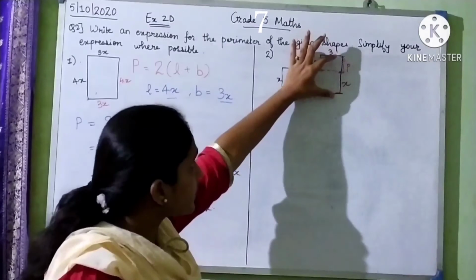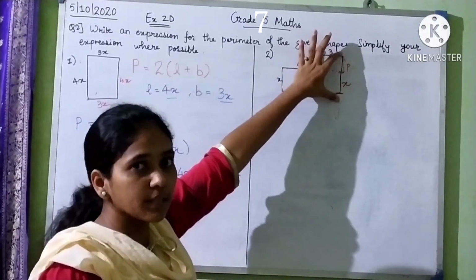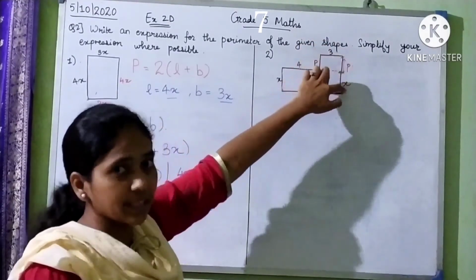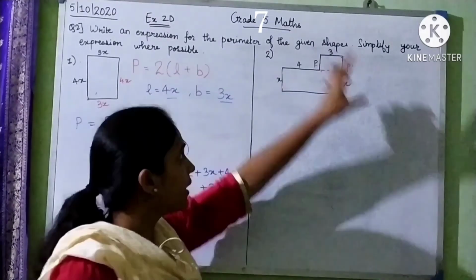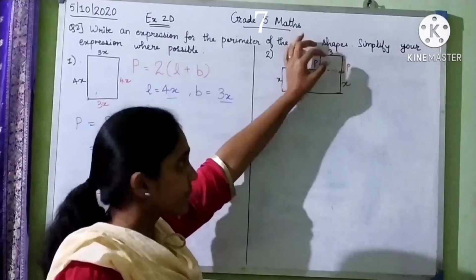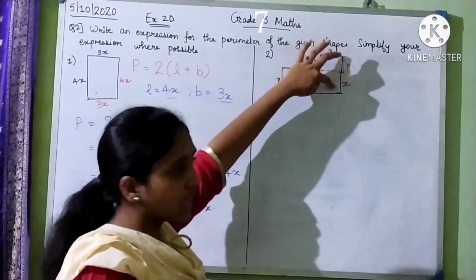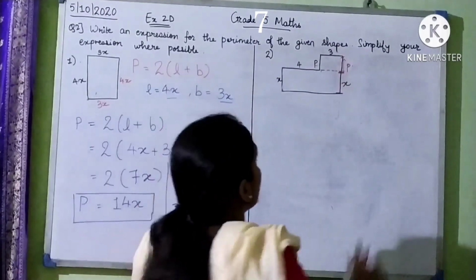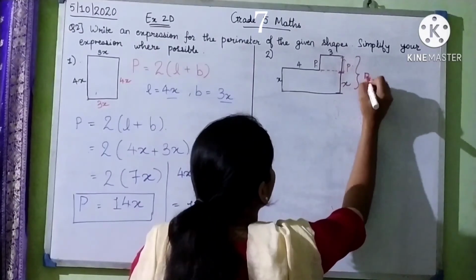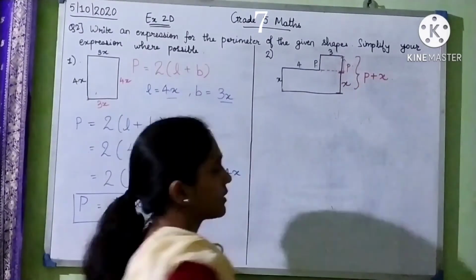So the total length of this side becomes how much? p plus x. It is not p into x. The total is the sum. This much distance plus this much distance is p plus x. So this total side is going to be p plus x length.